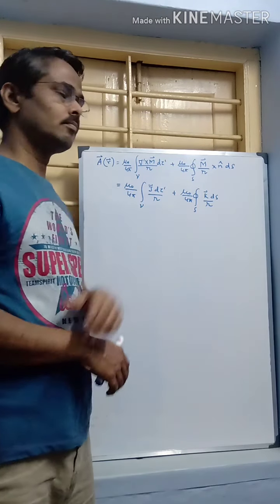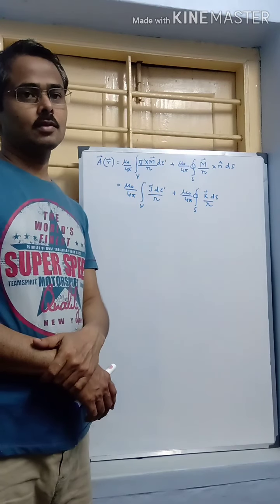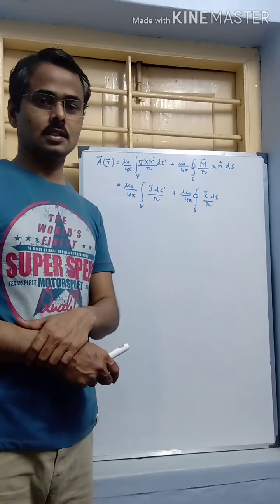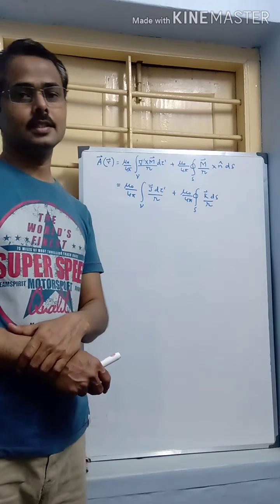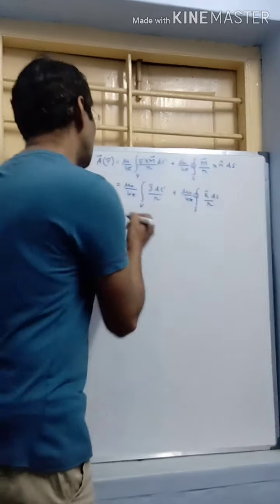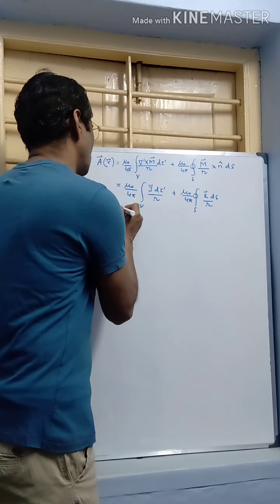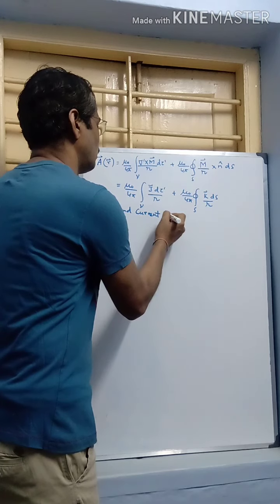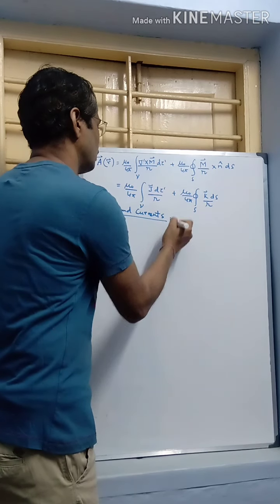One is the volume current density in terms of magnetization and the other one is the surface current density. We call such current densities bound current densities. So bound currents, which is the first topic mentioned in your syllabus.